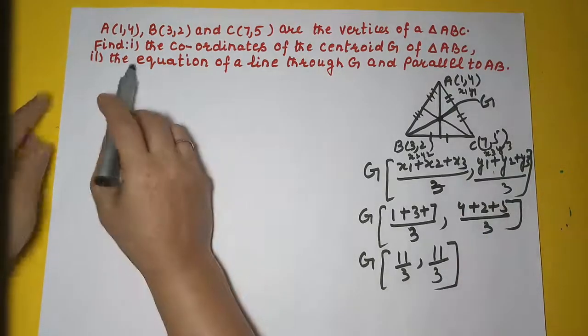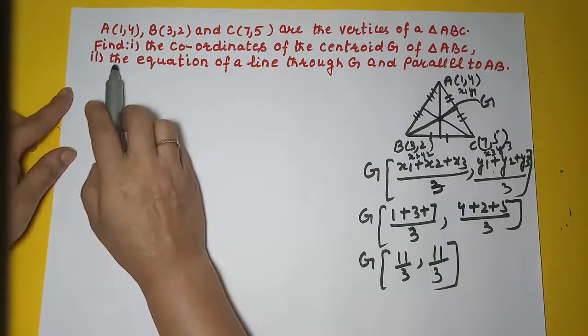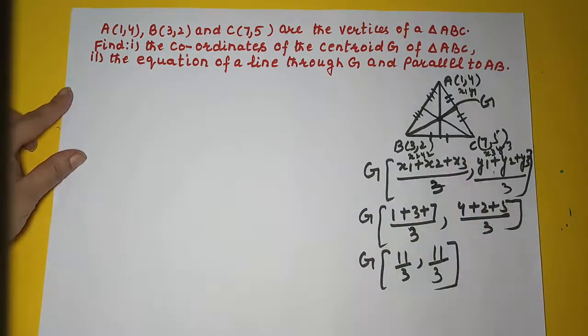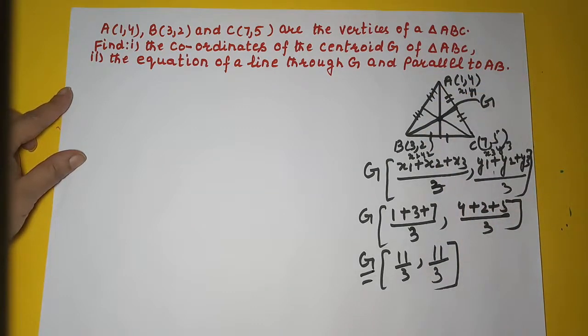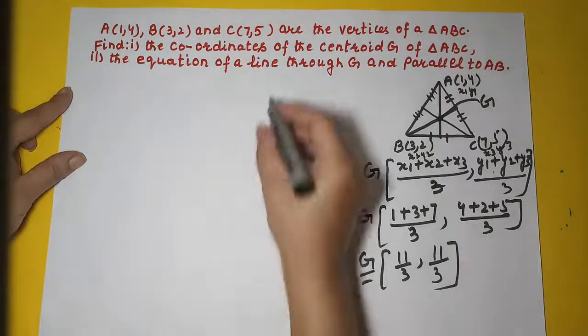Now the second question that we are asked is to find the equation of a line through G. The line should pass through G, we have the point here, and parallel to AB. What does that mean?